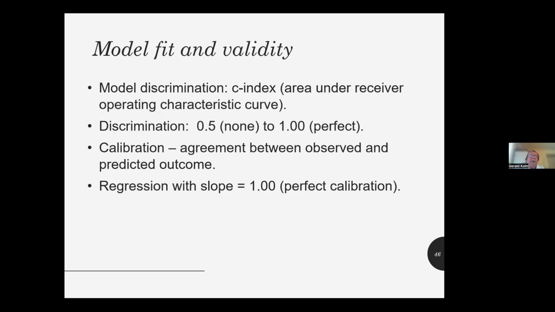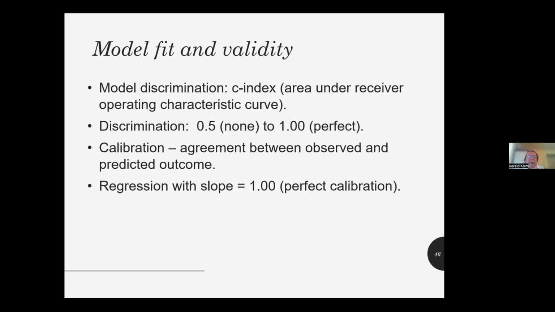Okay, so then after we get our model, we're going to look at model discrimination, which has an index that's called the C index. It ranges from 0.5 to 1, where 0.5 is none. You have no discrimination between those that experience the event and those that don't.